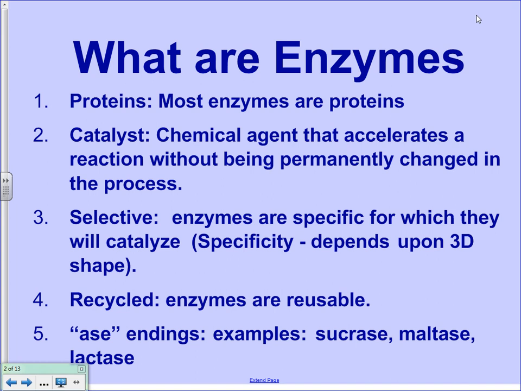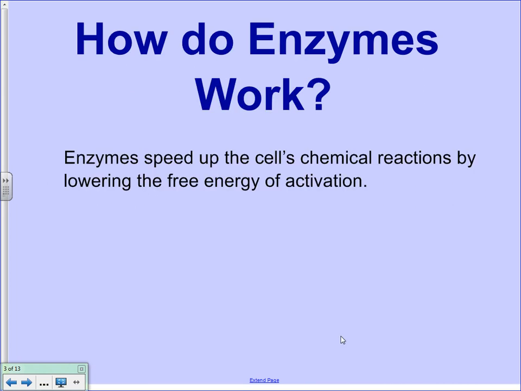So some examples would be enzymes like sucrase, which is an enzyme for the sugar sucrose, maltase, which is an enzyme for the sugar maltose, and lactase, which is an enzyme for lactose.